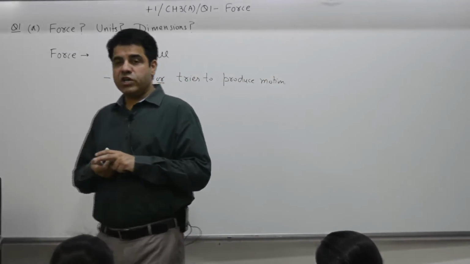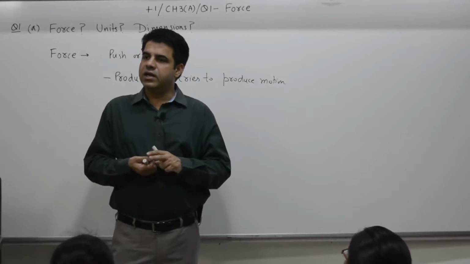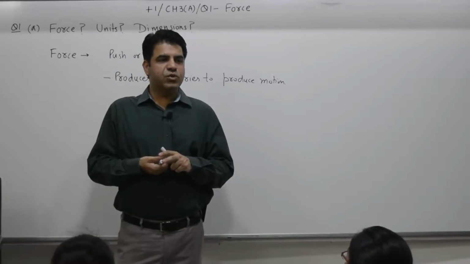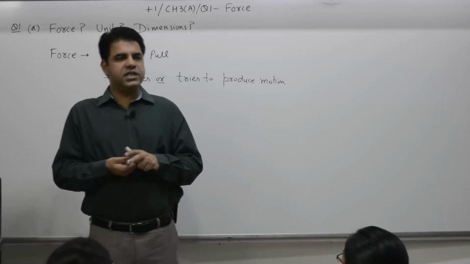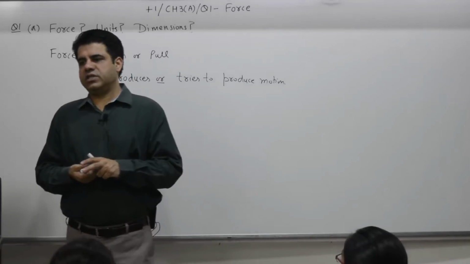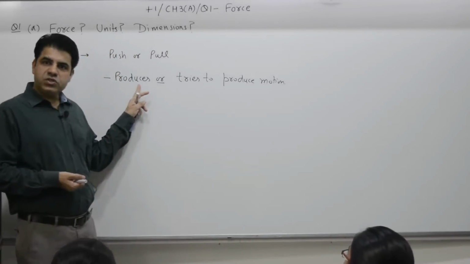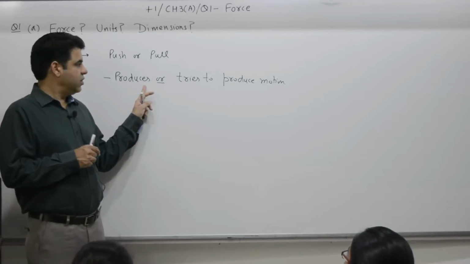But if you try to push a heavy object, a train or a wall, then do you produce motion? No, because the force is not sufficient to overcome opposing forces such as friction. So the force may produce motion.